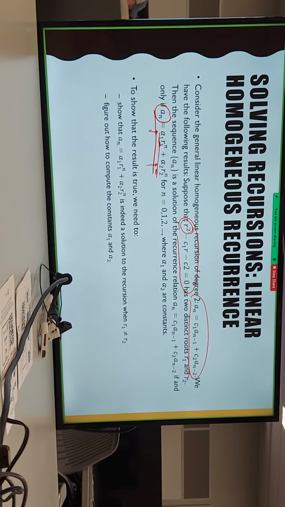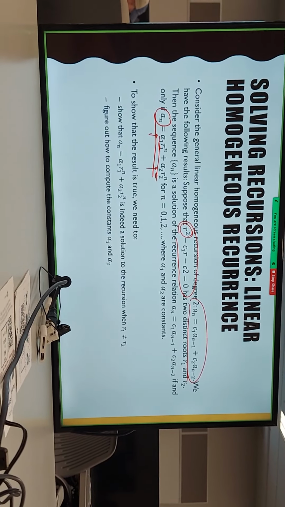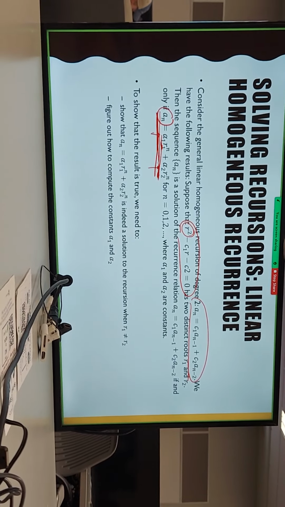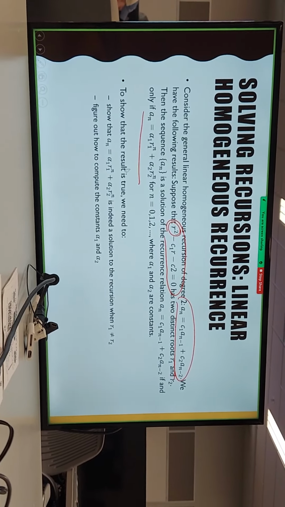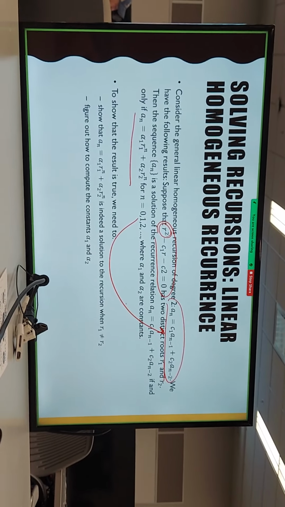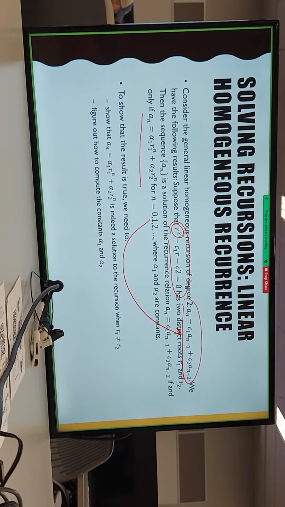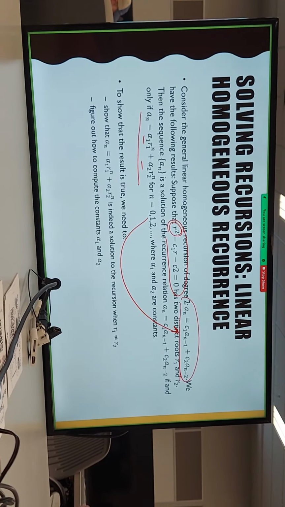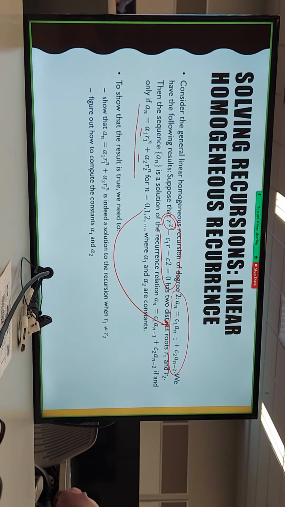There are two tasks we need to show. The first is to verify that the claim is true, that this closed form for a_n is indeed a solution for the original recurrence, a_n equals c_1 a_{n-1} plus c_2 a_{n-2}. The other is that alpha_1 and alpha_2 are constants, but we have not been able to determine them, because we only solved the characteristic equation and got the roots r_1 and r_2.